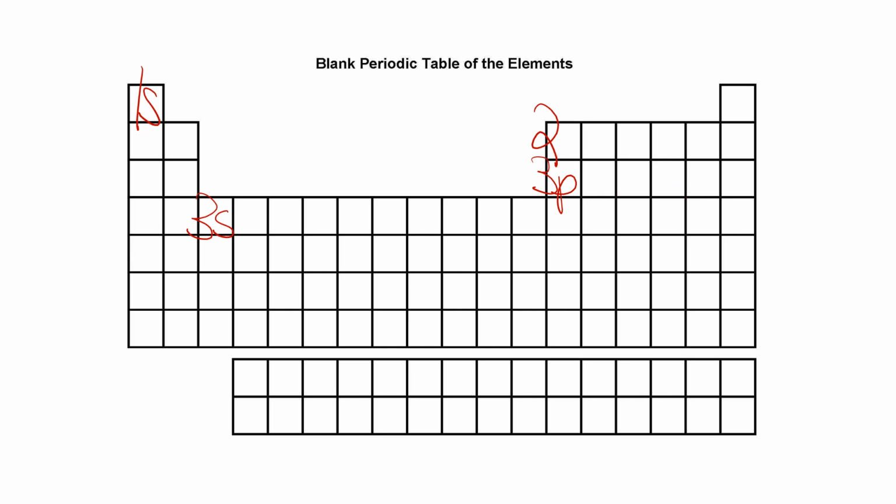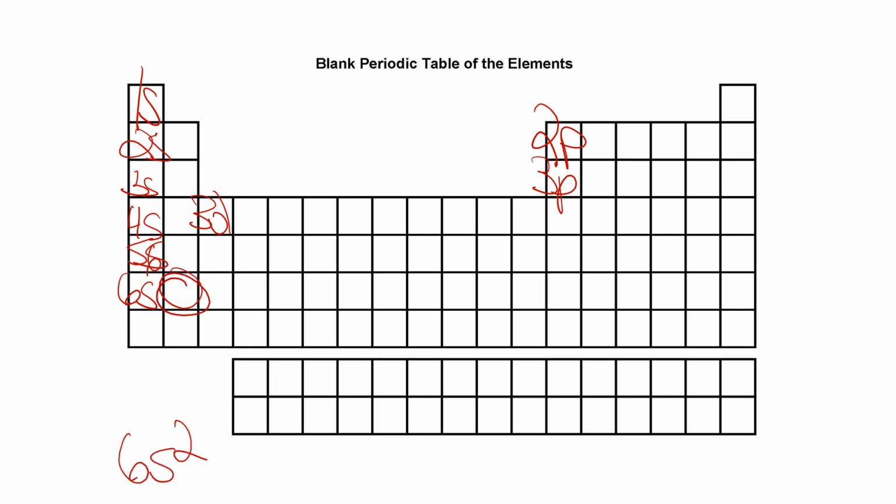Now, if I were to circle another element, 1s2, 2p, 3d, if I were to circle this element here, D's are 10 across, so 10, 9, 8. That's going to end in 3d8. If I were to circle an element here, 2s, 3s, 4s, 5s, 6s, that's going to end in 6s2.